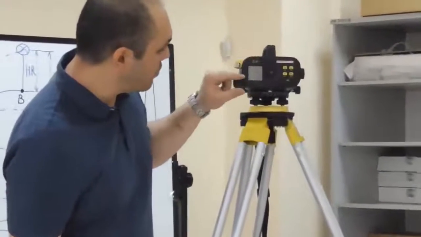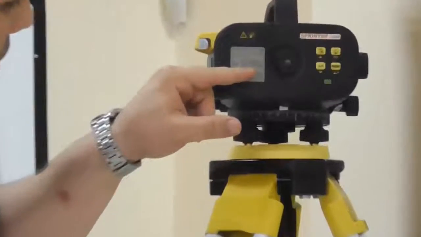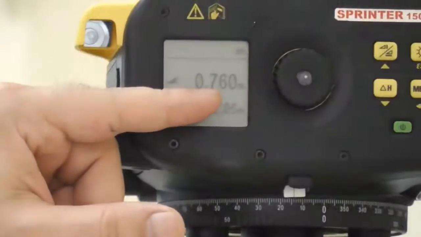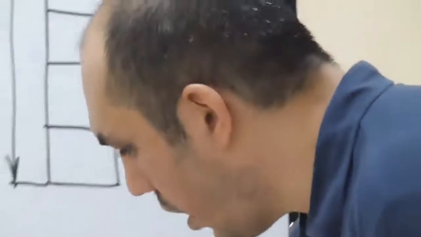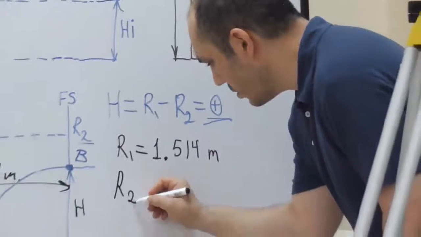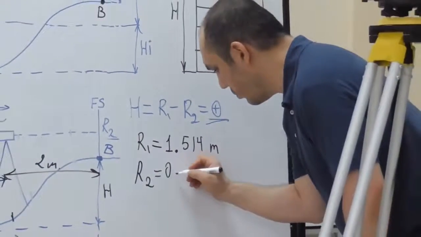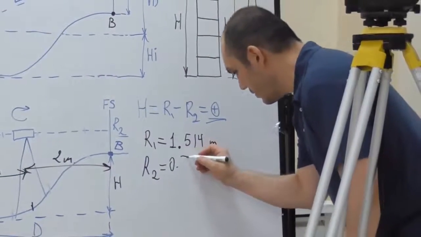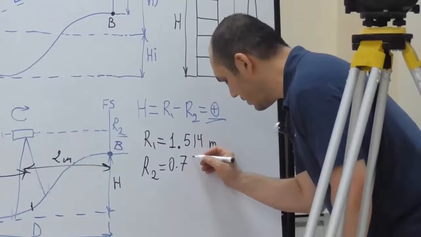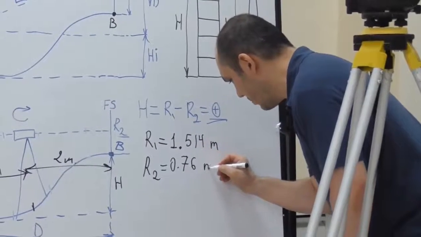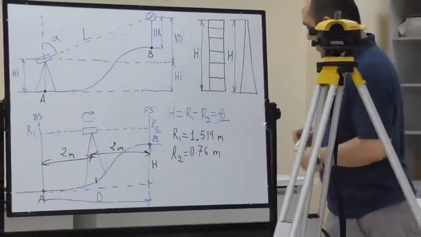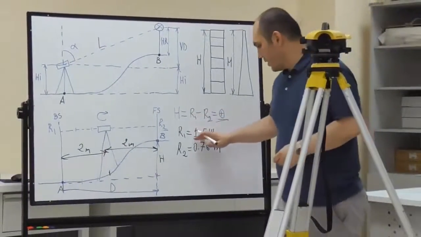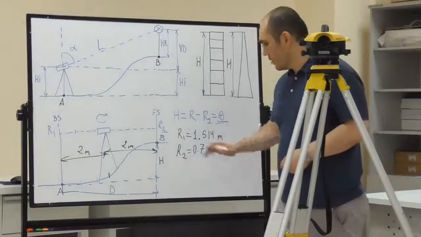It's equal to 0.76 meters. Okay? R2 equals 0.76 meters.